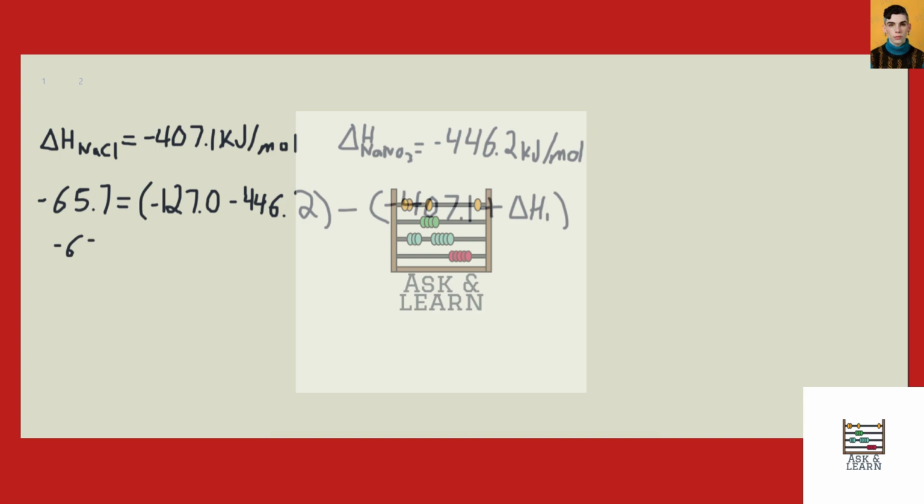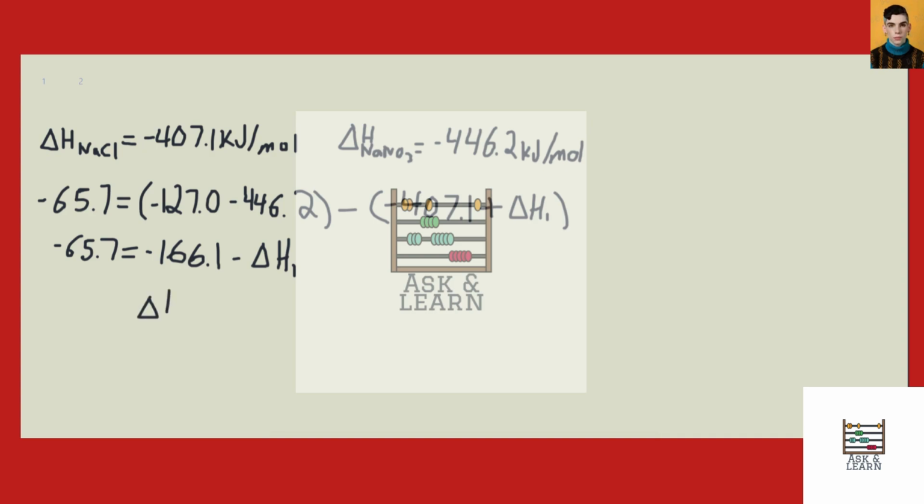So negative 65.7 is equal to negative 127 minus 446.2, minus negative 407.1, minus the delta H of AgNO3, which is equal to negative 166.1 minus delta H. So we're going to move 65.7 over onto the right and delta H over to the left.